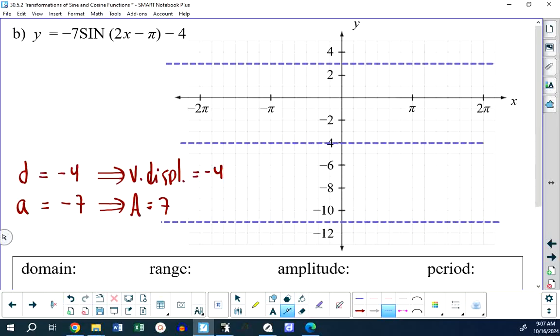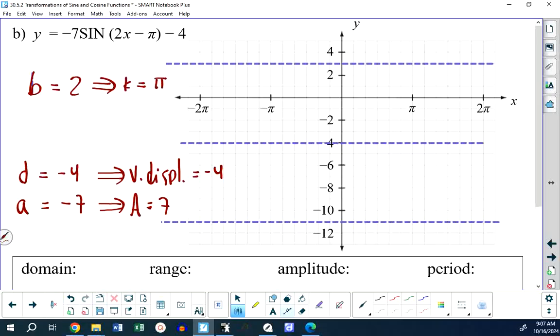Okay, what is the value of B? Well, it's 2, isn't it? Do you not have a 2 in front of the x? So that's B. That's 2. What does that tell us?